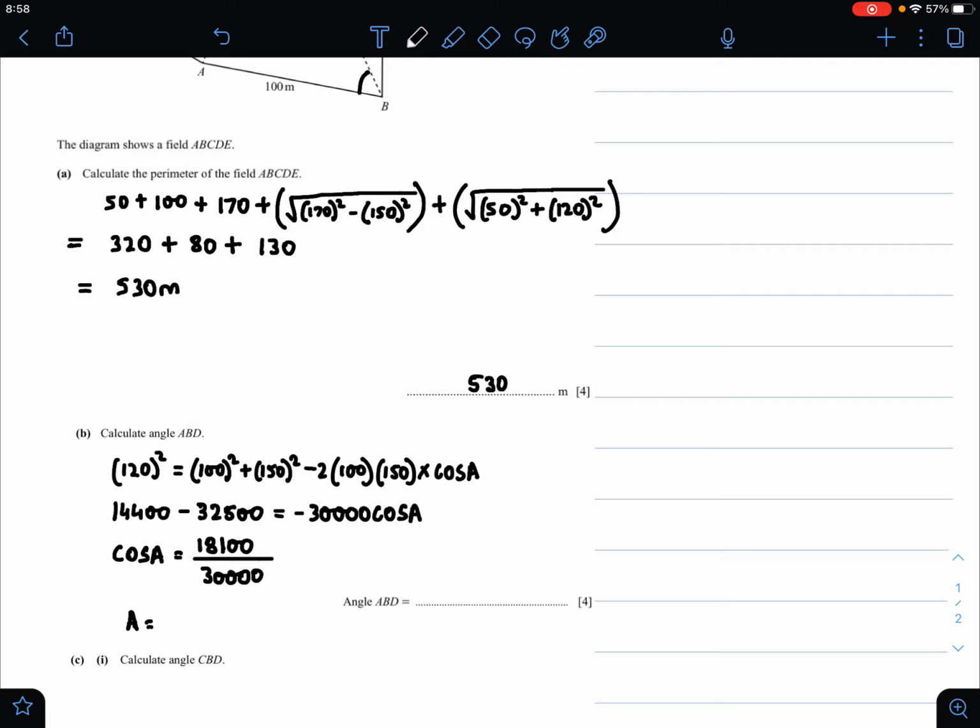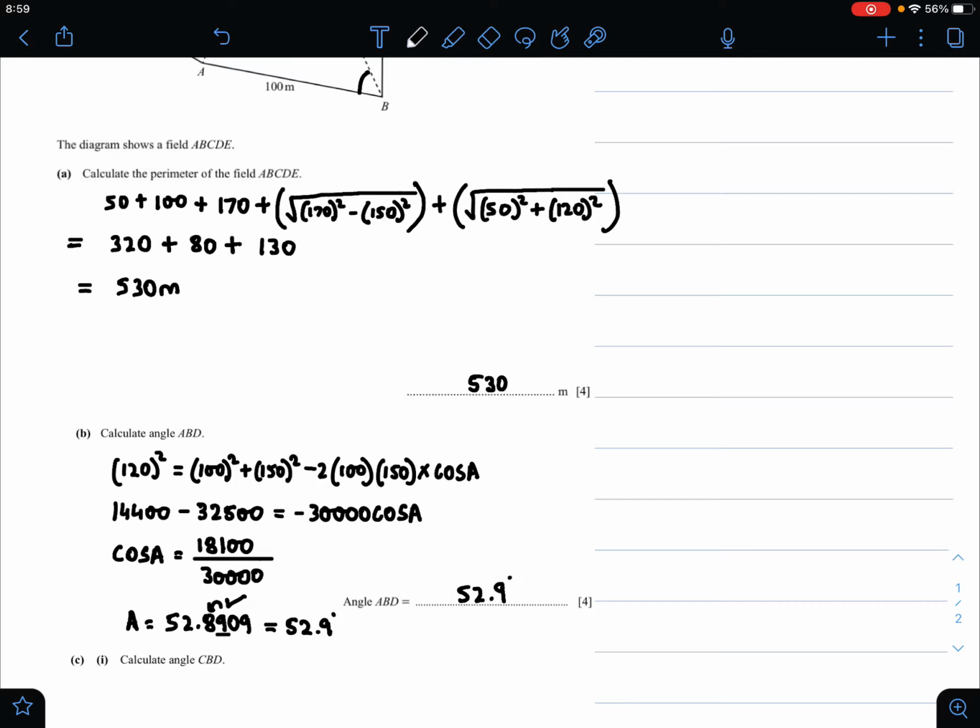So therefore cos inverse of 18,100 divided by 30,000 is equal to 52.89 and therefore A is equal to 52.9 degrees, and this will be your final answer for part B, because the fourth significant figure, which is 9 in this case, is greater than or equal to 5, so it will round off the 8 to the next number. Therefore 52.9 being your final answer for part B of this question.